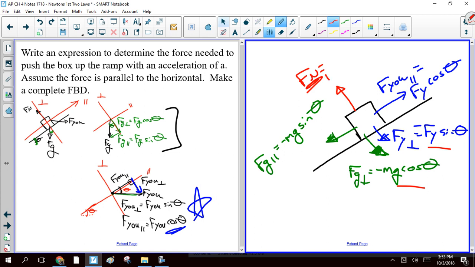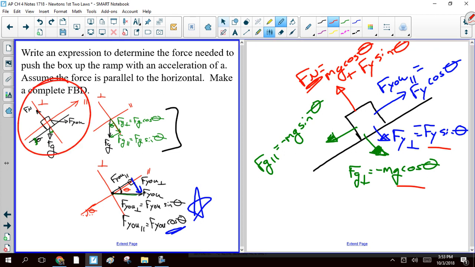So it's mg cosine theta plus FU times the sine of theta, right? Okay, so there's our free body diagram with components, right? Remember, this is the technical one over here with no components. All right, so we're almost done.